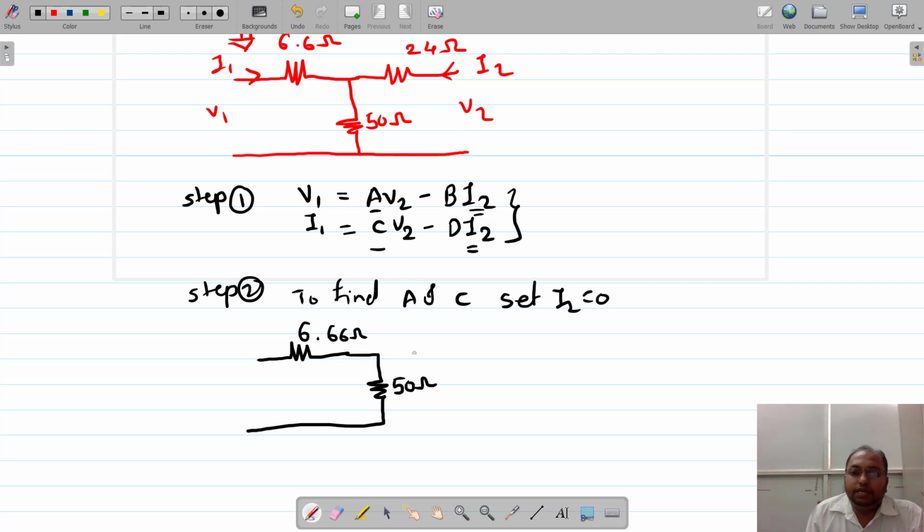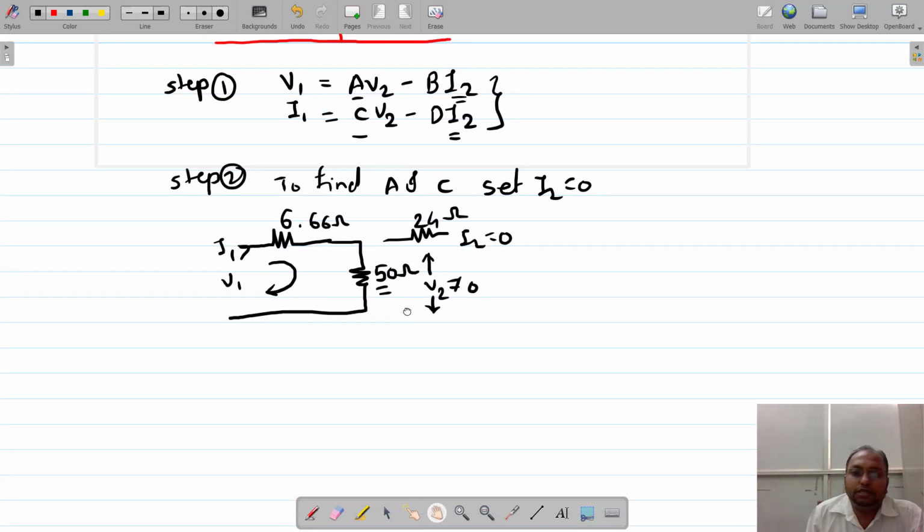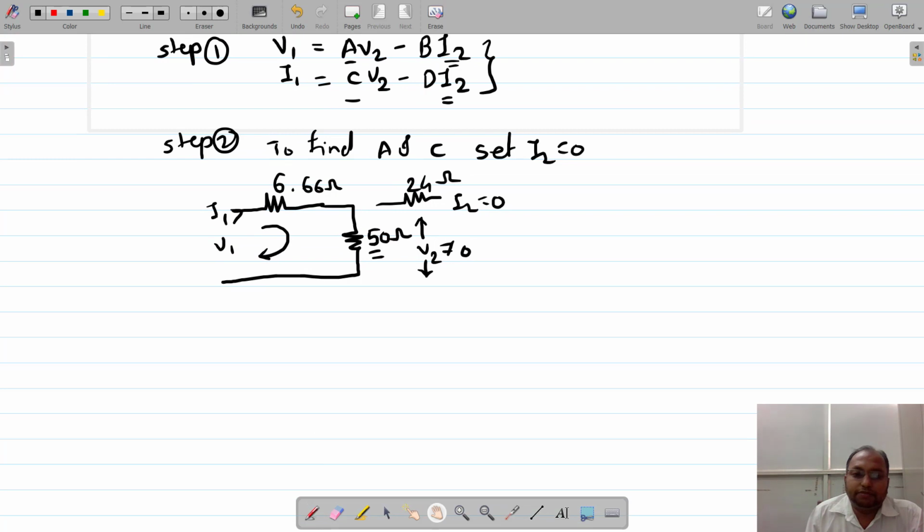Is that fine? And this will now be disconnected from the network because no amount of current is going to flow through this 24 ohm. That's why I2 is 0 right now. Though I2 is 0, V2 will not become 0, right? It is nothing but the drop across this 50 ohm. Yes. Now let us apply KVL. Applying KVL to the circuit.